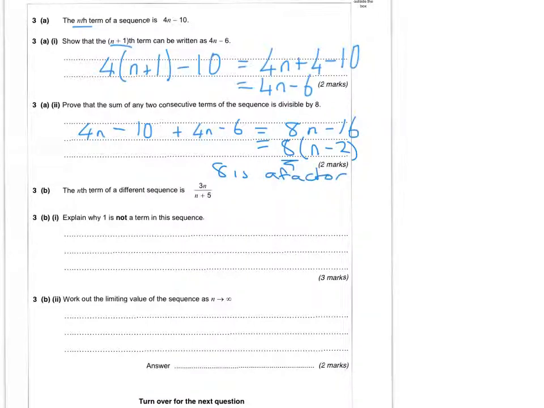Okay. The nth term of a different sequence is 3n over n plus 5. Explain why 1 is not a term in this sequence. If 1 was a term in the sequence, then we would be able to say that 3n is equal to n plus 5.